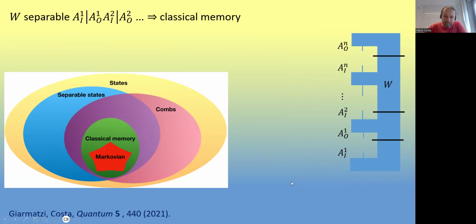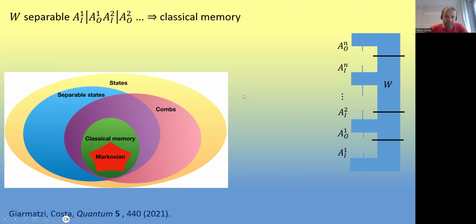So for example, if we were looking at a two-level system, then having n time steps means modeling this process as 2n qubits, one input and one output for each time. And the definition of classical memory implies separability across these particular partitions. So partitions that correspond to the evolution between pairs of times.